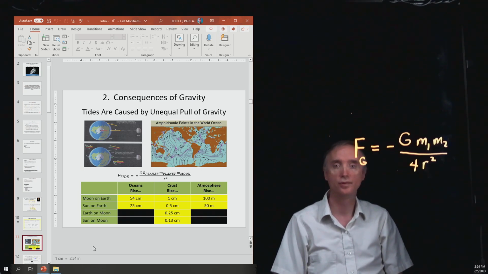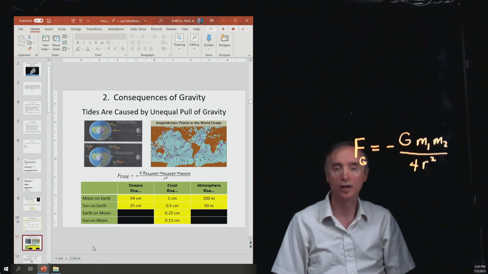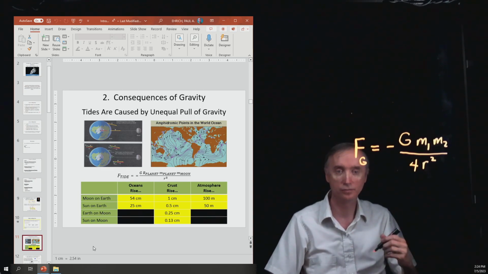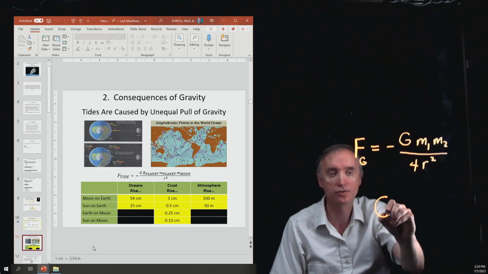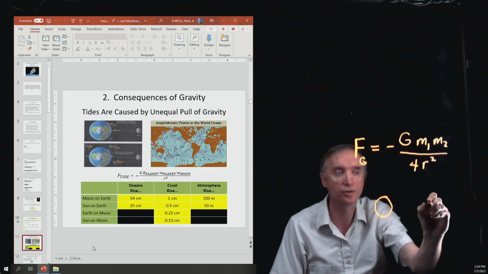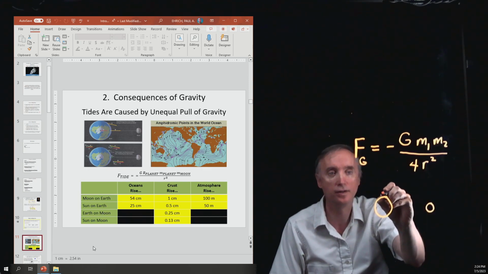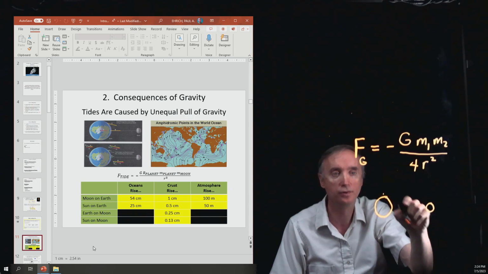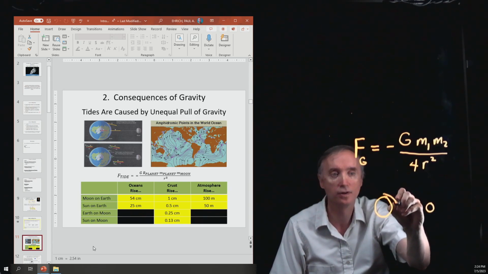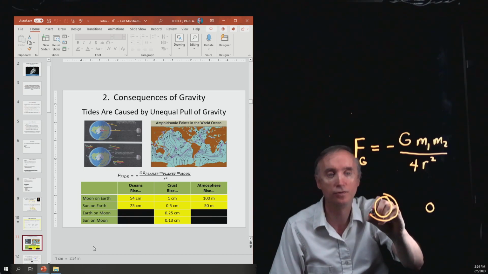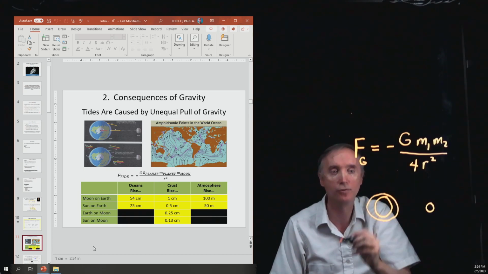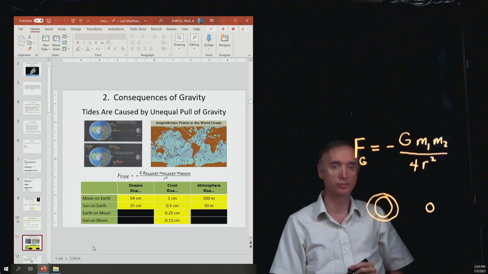So either of those two answers would be okay on the exam. Okay, then the tides. All I want you to know is, what do the tides look like? So if you were to draw a picture of the Earth, and then let's put the moon over here, then the gravity of the moon is going to cause the water to do this. So it's going to mound up on both sides of the Earth.